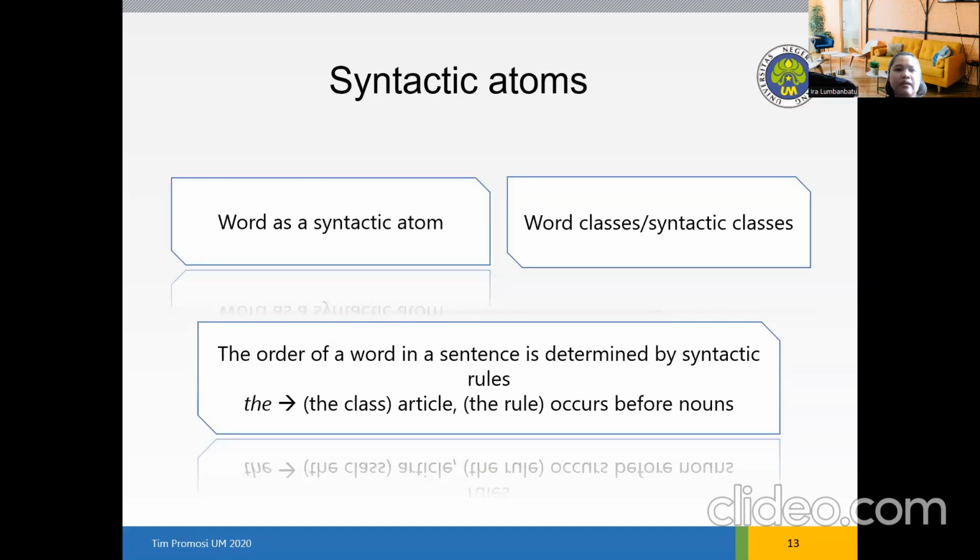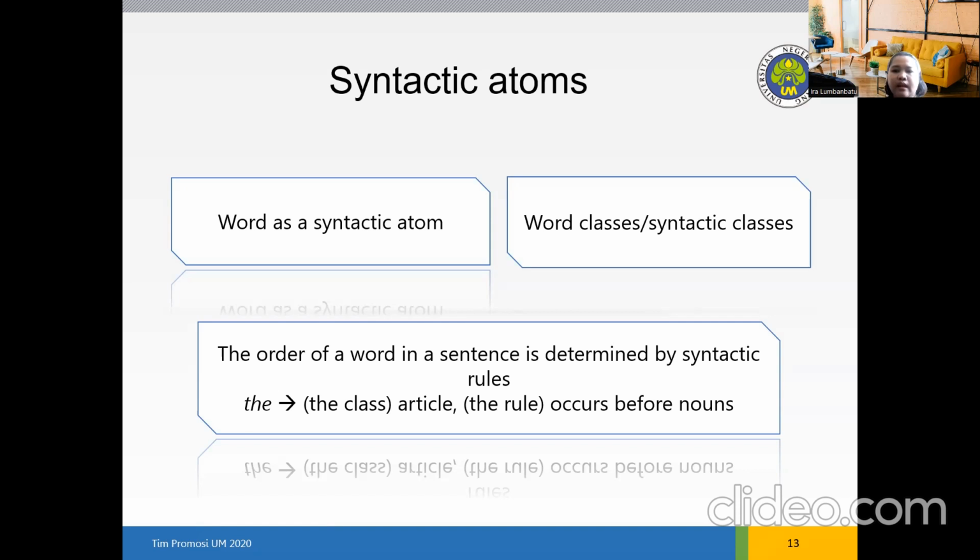So this is the last thing, syntactic atoms. The term syntactic atom typically does not refer to individual words, but rather to the smallest unit of syntax, which are grammatical structures or constituents within a sentence.